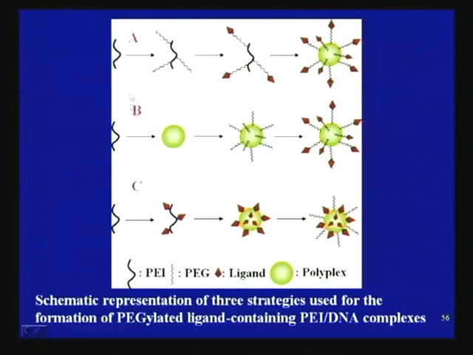So, this is polyethylene glycol to which other polymers or drugs are attached, and polyethylene glycol is a ligand. Polyplex is a device for drug targeting and delivery.